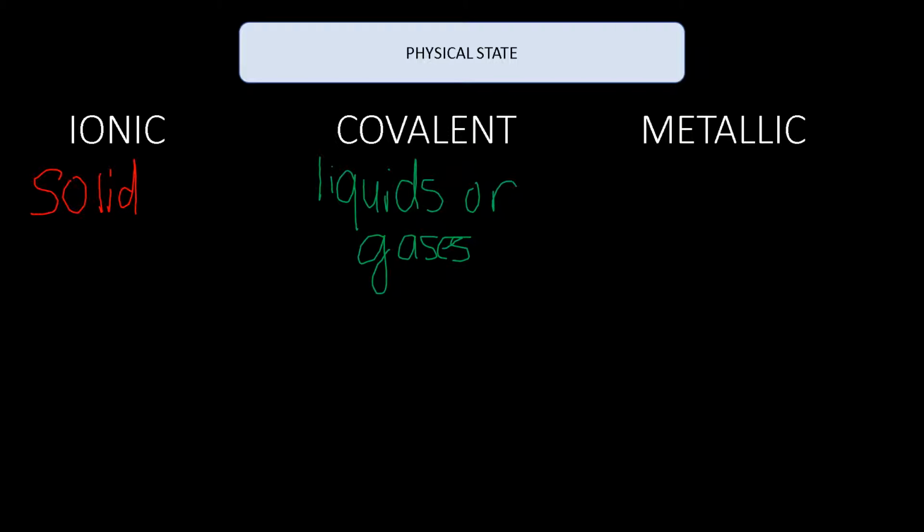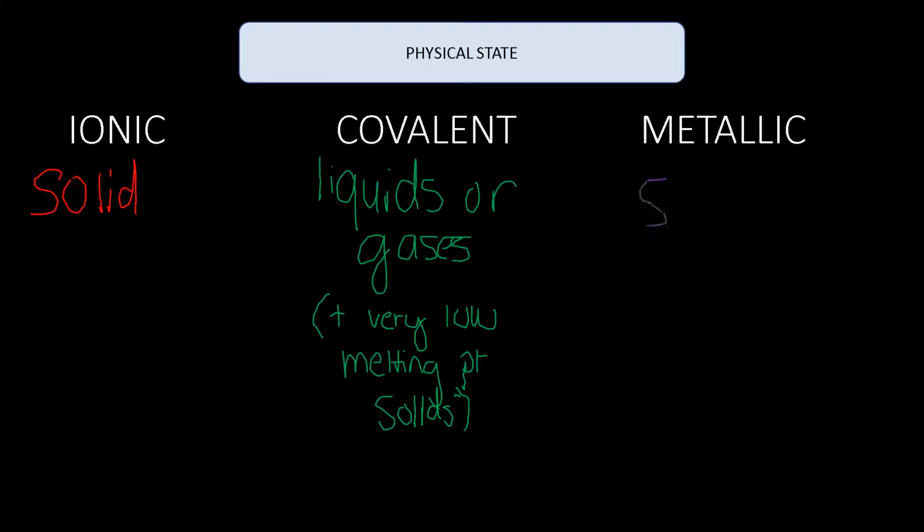And when they are solids, they have a very low melting point, and that's a more rare situation. They usually occur as liquids or gases. And metallic bonds are always solids due to their crystalline regular structure.